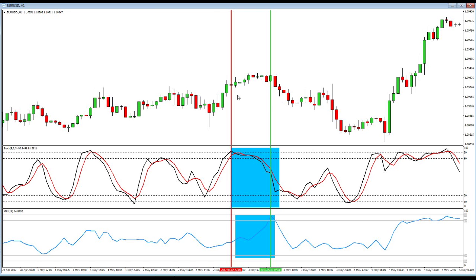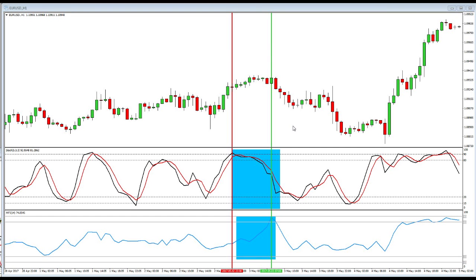I've got the first signal point in red on level 90 of my stochastic, and I've got the trigger point on the MFI, and between those two lines I've counted 10 candles. So effectively it's taken me 10 hours worth of analyzing this information and waiting for it. So during those 10 hours, effectively what I'm doing is building my trade plan.